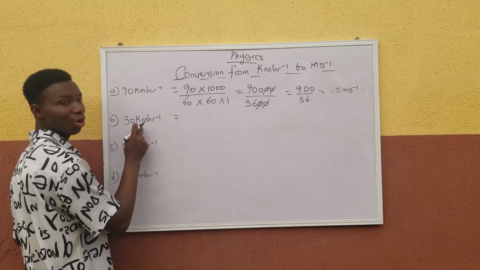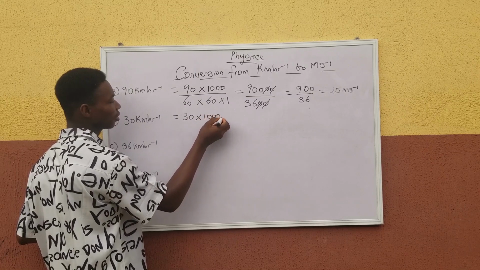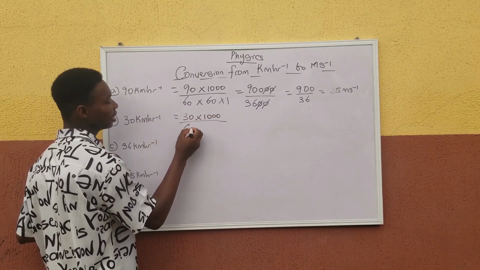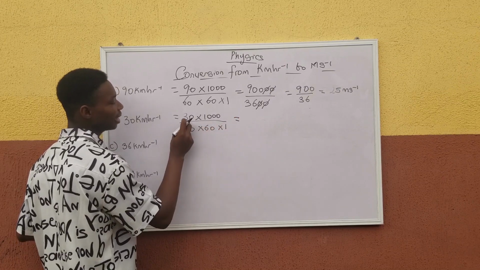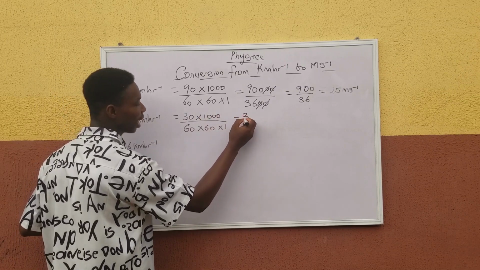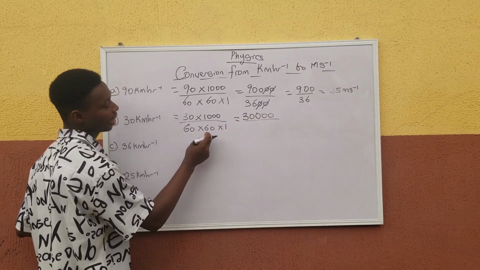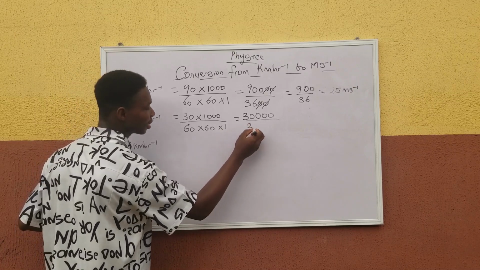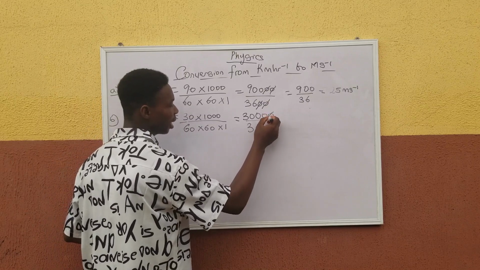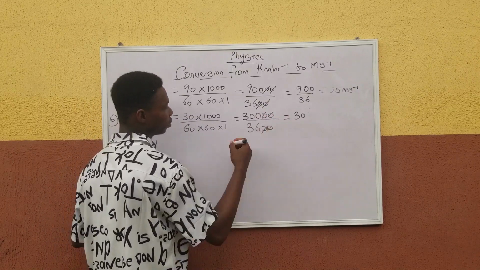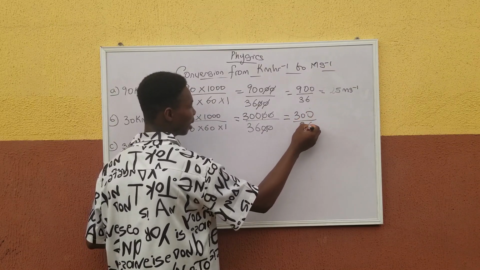Remember that kilo means times 1000, so we have 30 times 1000 all over 60 seconds times 60 minutes times 1 hour. 30 times 1000 is the same thing as 30,000 all over 60 times 60 times 1, which is the same thing as 3,600. 0 here, cancel 0 here, 0 here, cancel 0 here. You are left with 300 all over 36.